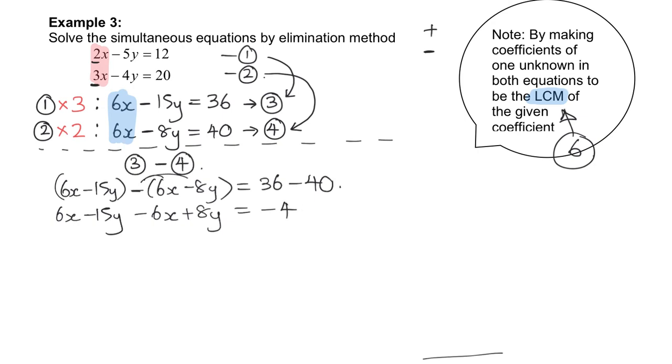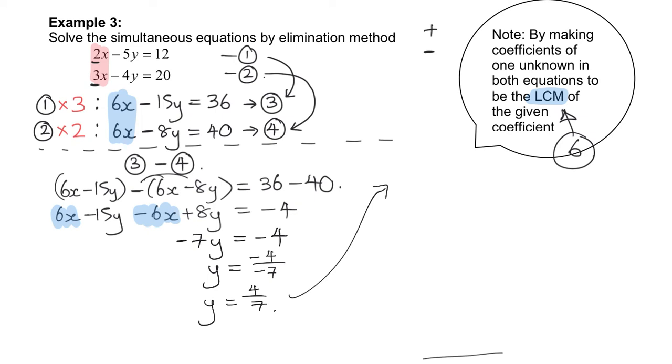There you see that x is successfully eliminated and I'm just left with minus 15y plus 8y, which is a negative 7y equals negative 4. Not very nice numbers to deal with, but I can still divide them accordingly to get y as 4 over 7.